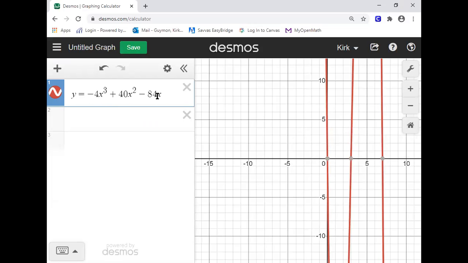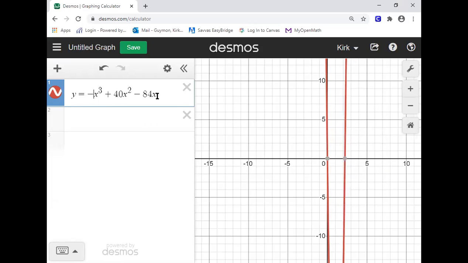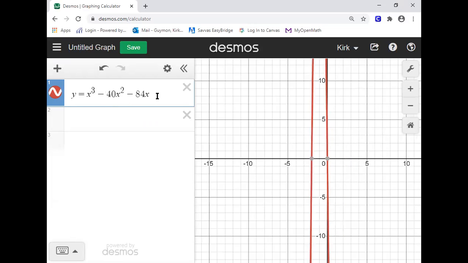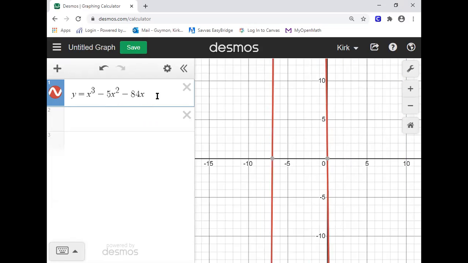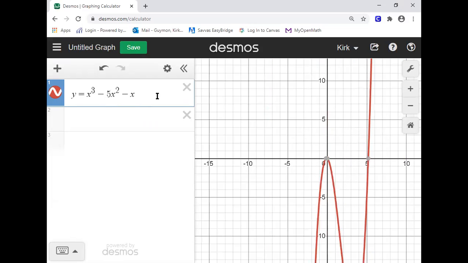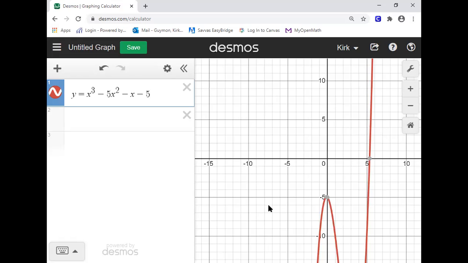So there's my n cubed, a minus 5n squared, a minus n, and a minus 5 for all of those.